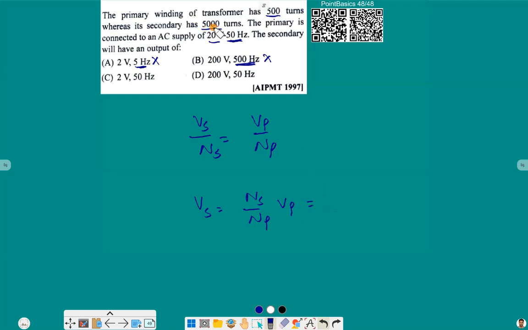Primary winding has 500 and secondary has 5000. So 5000 divided by 500 multiplied by 20, so that will be 10 times 20, and our answer will be 200 volts. So option D is the right answer here.